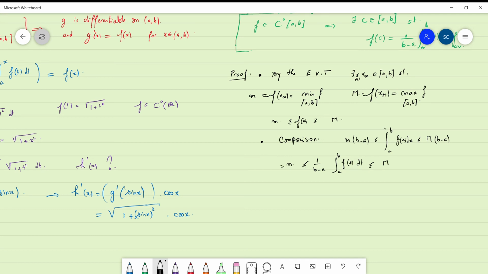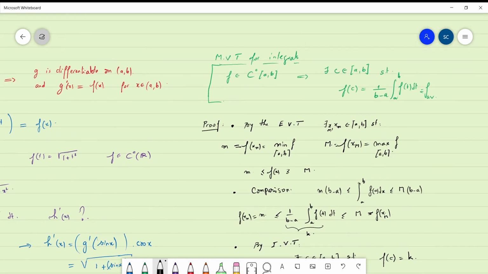And this is exactly f value taken at some point. If I call it k, it is between two values of the image of f. Then by the intermediate value theorem, we know that there exists c inside [a, b] such that f(c) equals k. And this is how we establish the proof of the theorem.